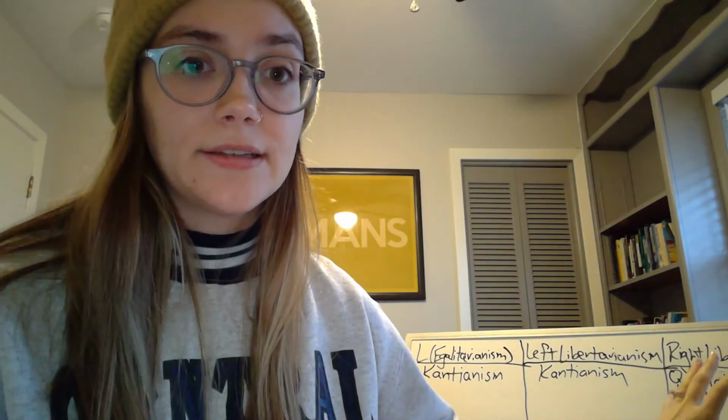Right libertarianism is unique from left libertarianism because of the qualitative thing. Because the right libertarian would say, okay, you shouldn't have the right to completely waste your life and harm other people, because that's not helpful to anyone.